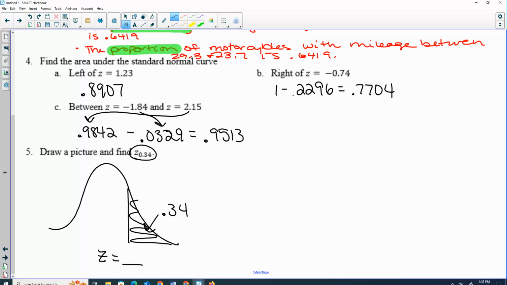So if I'm going to find this, I need the area to the left. So 1 minus 0.34 is 0.66. This is your probability. So you are looking inside the table to find as close as we can get to 0.66.